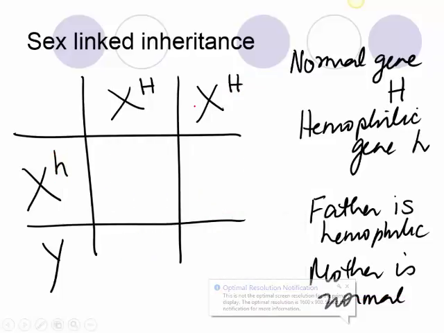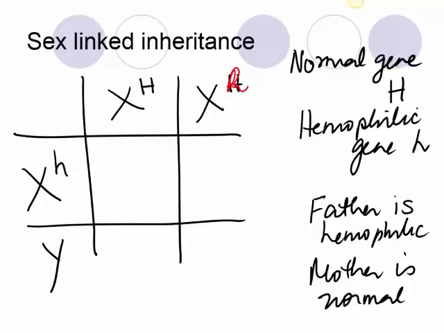In order for a woman to have the disease, the father should be hemophilic, and let's say her mother is a carrier. Her mother is a carrier, and her father suffers from the disease. So now you can see this is the possibility.